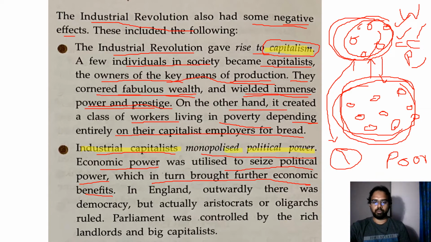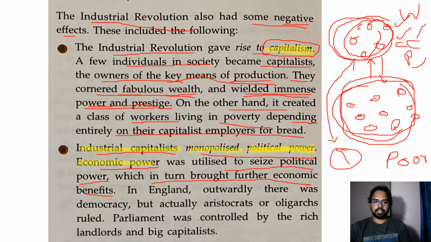What do you mean by monopolizing? As they are more rich and wealthy, they control the politics of their nation because they try to control the rulers of that area through money and other means. And because of the economic power they have, they could control the political power.